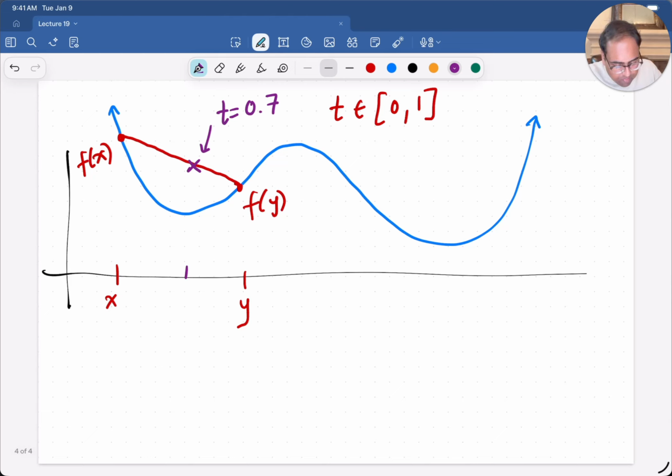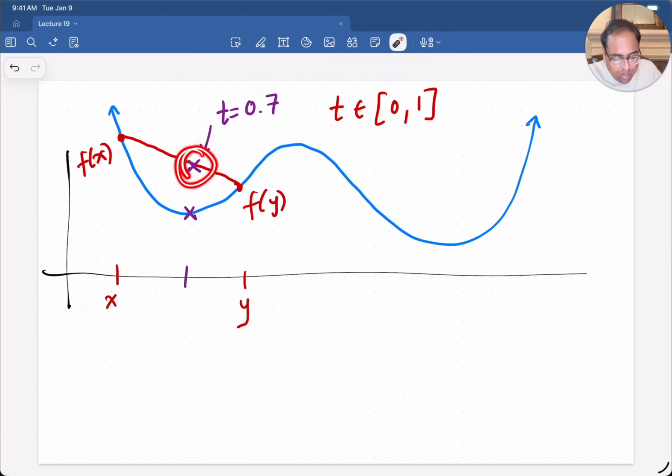My condition is going to say this point must be greater than or equal to this point. Okay, and if I extend that to all possible t's between 0 and 1, well then it'll extend this sort of condition to any point underneath the line segment here.